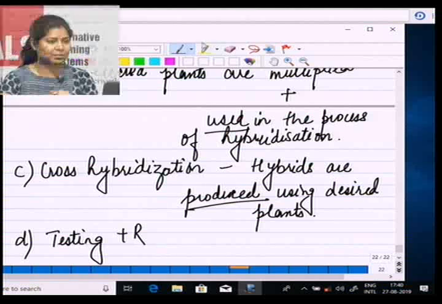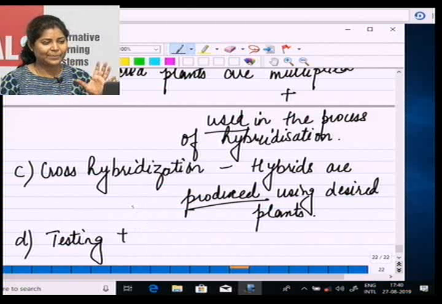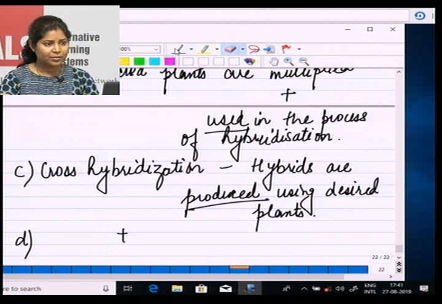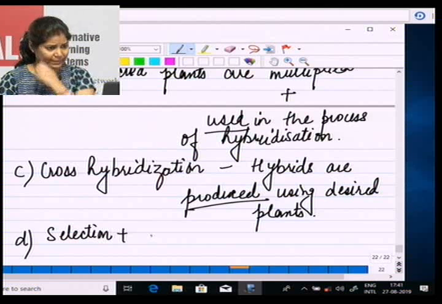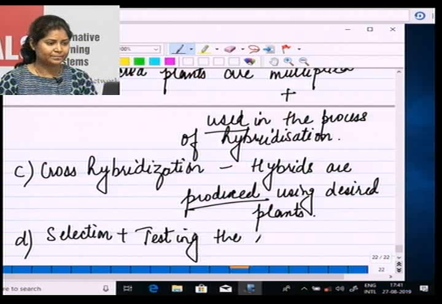We have done the selection process, we have done every process, we have done hybridization. So you will be asking me, after hybridization, did you do the next steps? Next step means selection, and did you test the superior recombinants?